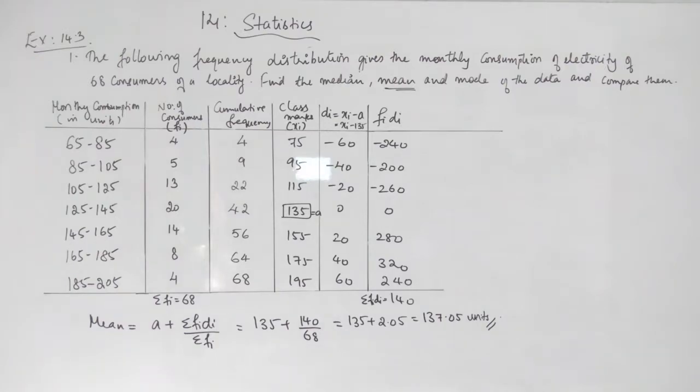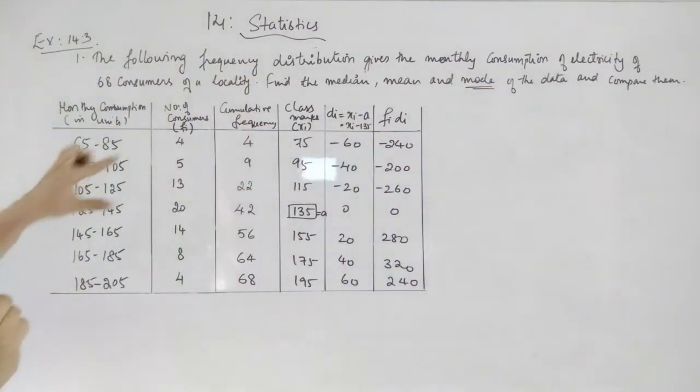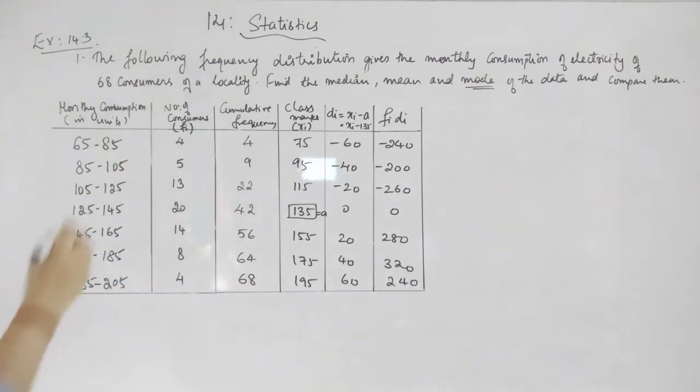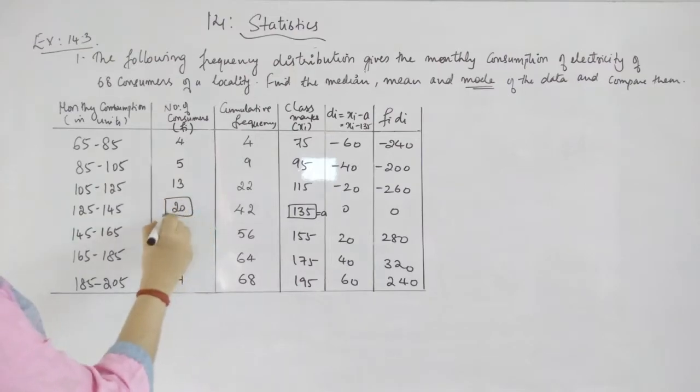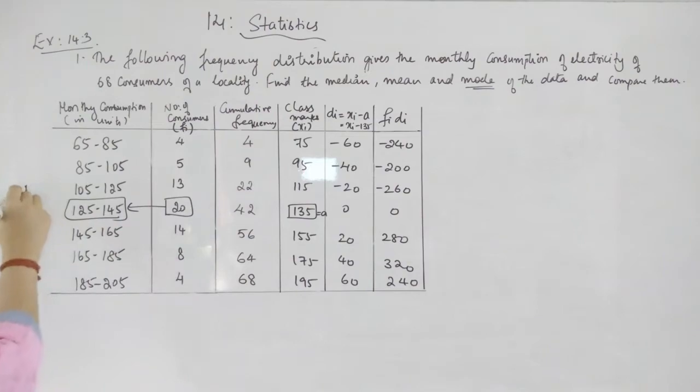Now we will find out what is mode. Now for mode, we need this frequency table. Here what is the maximum value of the frequency? 20. So corresponding to this 20, you will get the class, and that will be your modal class.